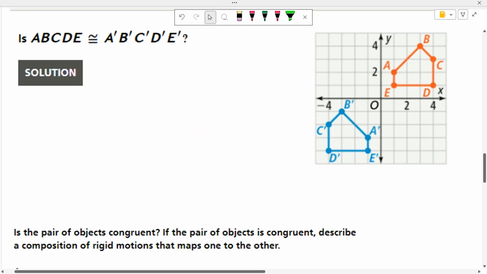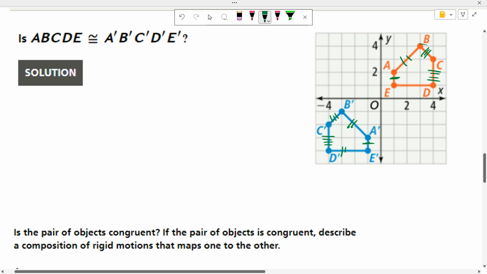Are these two congruent? A and A prime are the same. The distance to get from A to B and A prime to B prime are the same. The distance to get from B to C and B prime to C prime are the same. C to D, C prime to D prime are the same.